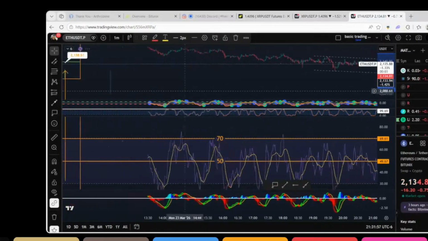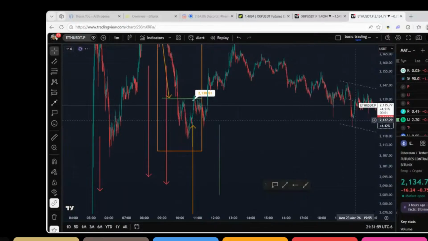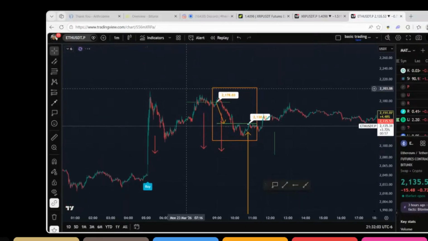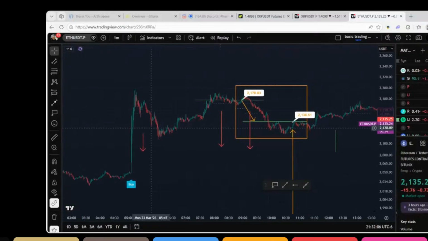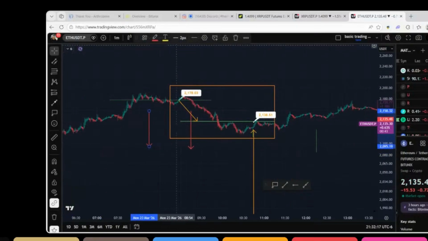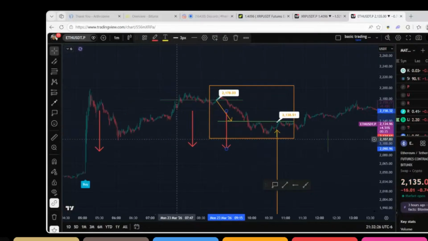All these red arrows that we're about to look at are basically where the 15-minute RSI started to head down after it broke above the 70. So you have an opportunity here, you have an opportunity here, you have an opportunity here, and you can see where it breaks down.